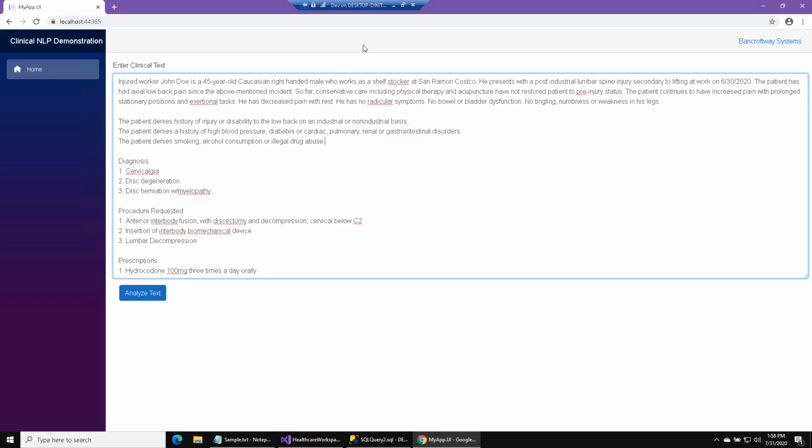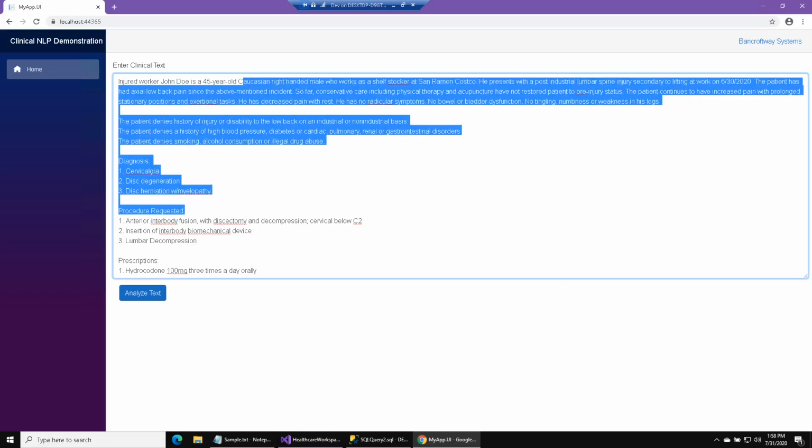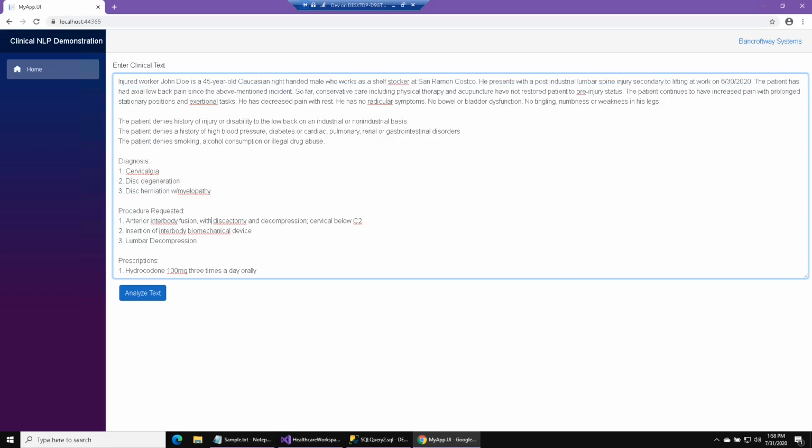The CPT and ICD codes are primarily for billing, but what that leaves behind is a wealth of information that is not analyzed, but remains locked up in these clinical notes.